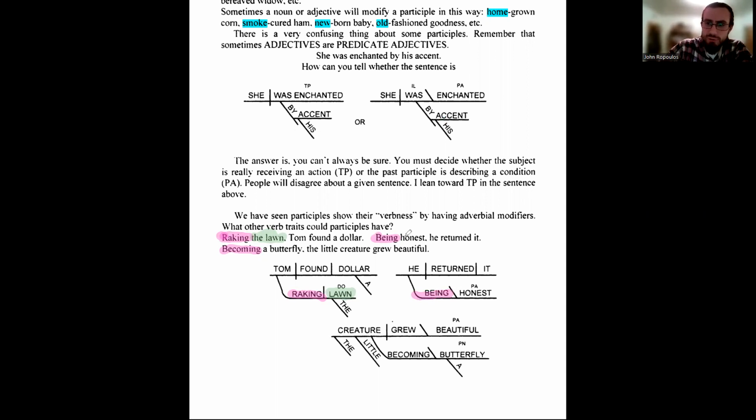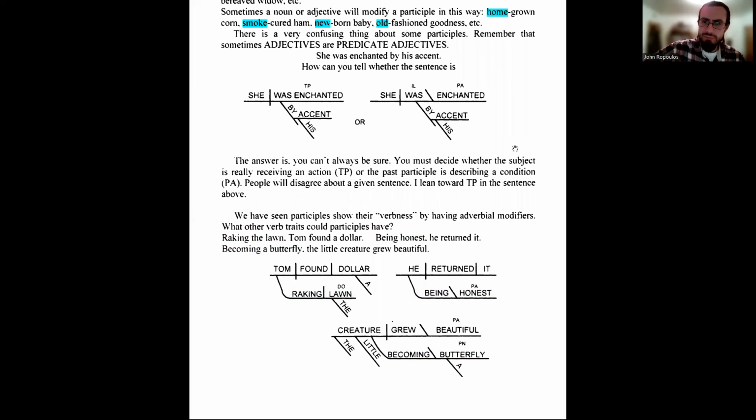So the participles in their verbness can take complements. Same with becoming a butterfly, right? Butterfly, predicate noun. Becoming a butterfly, okay? So notice how they're diagrammed, just like normal adjectives with the curved line, because it's a participle, and they're taking direct objects, predicate adjectives, predicate nouns, complements, okay? Just like verbs. So that's that.